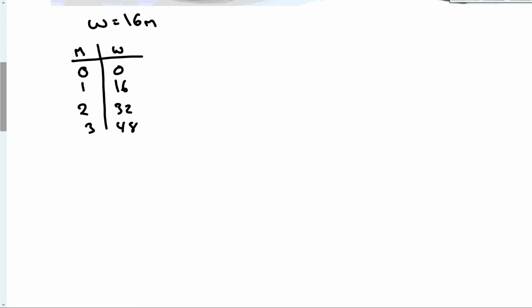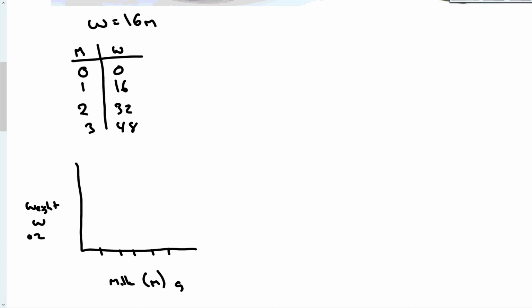So if I were to graph this, obviously, again, I'm not going to make it negative. So I'm going to make my milk gallons on the bottom, right? So milk, okay, and weight, okay? And this is going to be in ounces, and this is gallons.